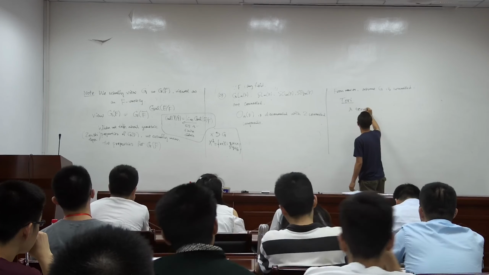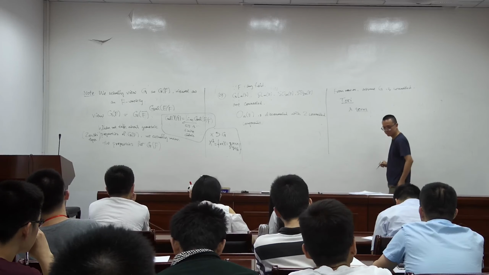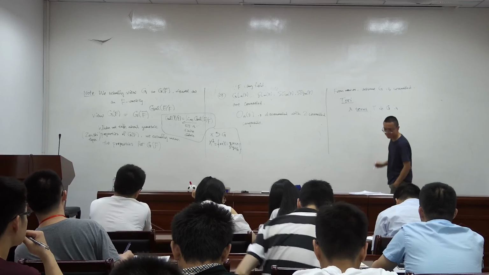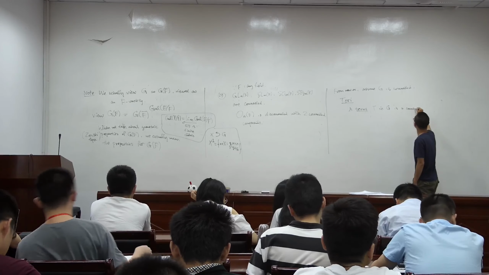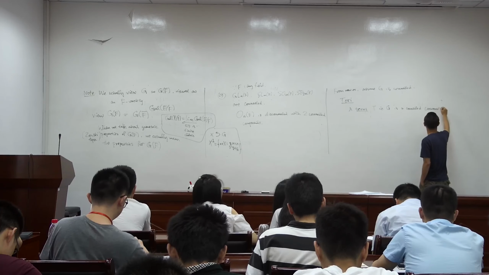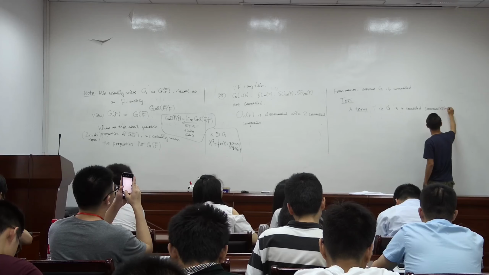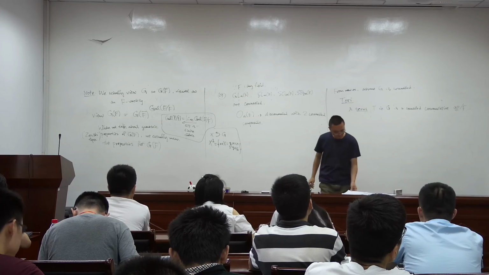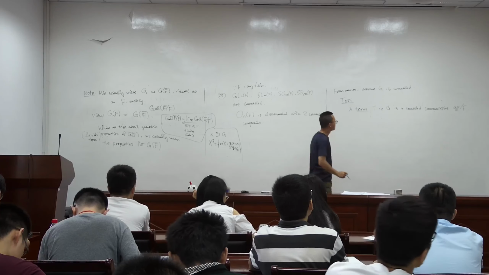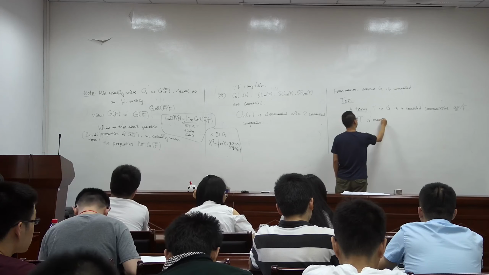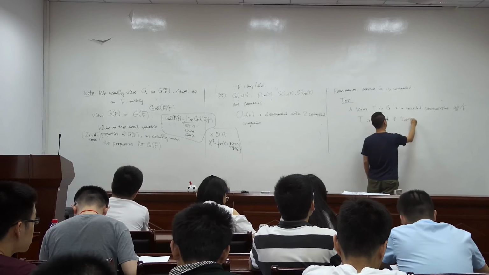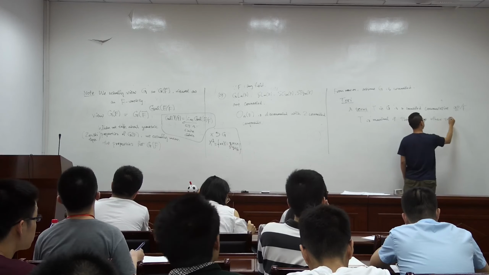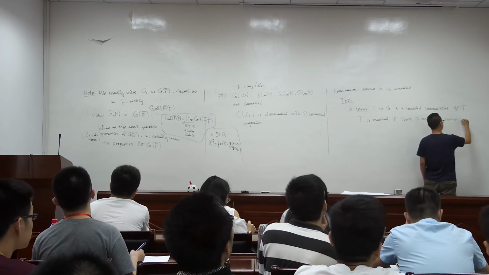So a torus T in G is a connected commutative algebraic group defined over F. And it is maximal if, in the usual sense, there is no other torus properly containing it.